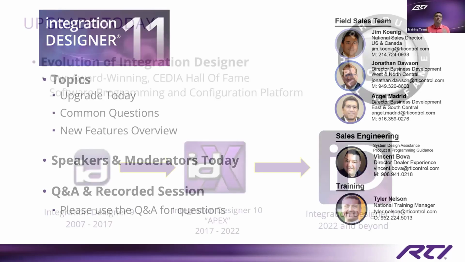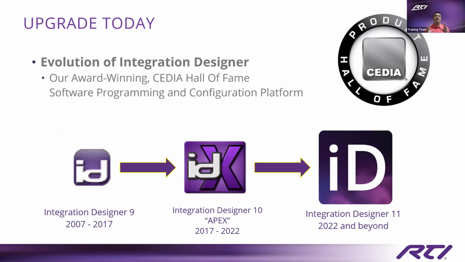Let's have a little fun here. Before we get to the nitty-gritty details of what those features are, you need to understand that Integration Designer 11 is the next evolutionary step in Integration Designer. So there was never a break, right? We went from Integration Designer 9, which was inducted into the CDA Product Hall of Fame and had a great lifespan, went through 9 different iterations, and then went through the 10th iteration, otherwise known as Apex.